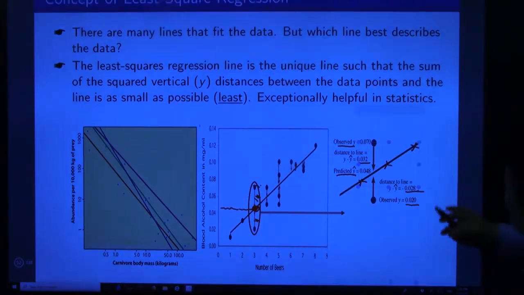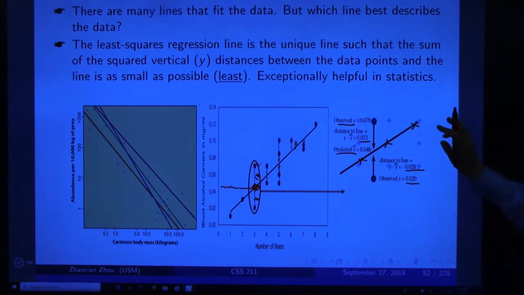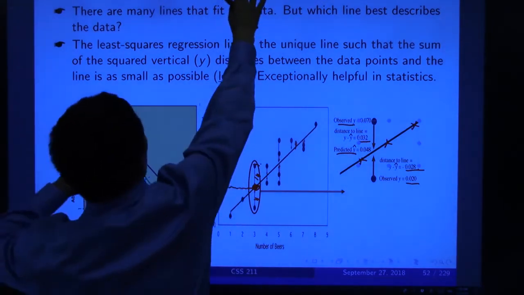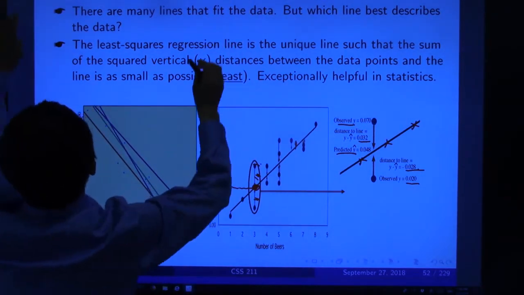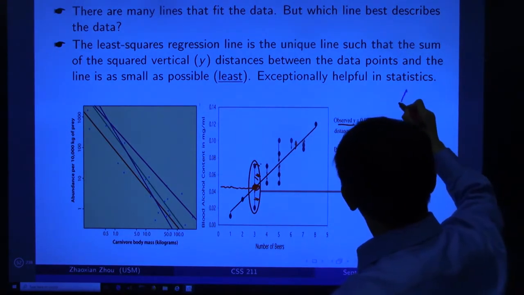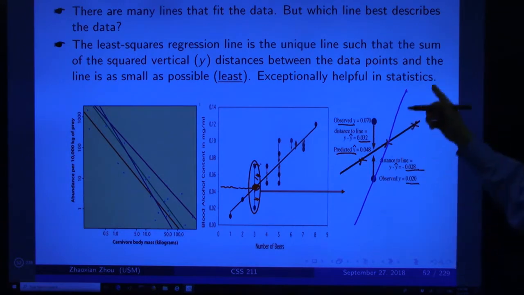still equal to 0. We can also, for these same 3 points, draw a line like this. We can draw another line like this. By this standard, this one is also a best regression line.